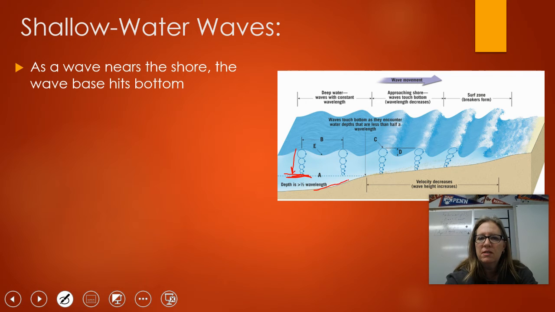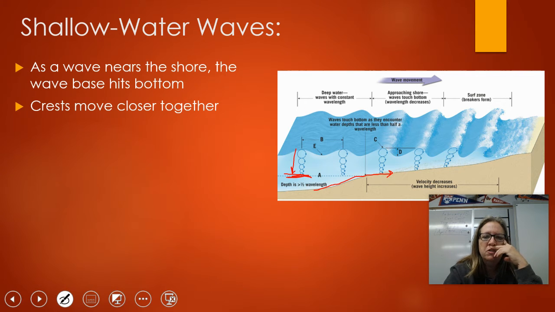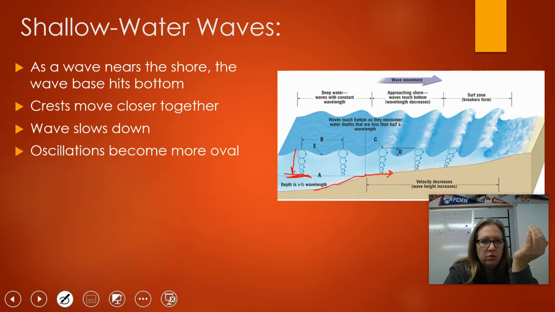But as the slope starts to go up, as the continental shelf starts to appear, the base actually starts bumping into the bottom, into the ground. And this causes the crests to get closer together, so our wavelengths get shorter, causes the waves to slow down a little bit, and it smushes those round oscillations together, and they become more oval, okay?